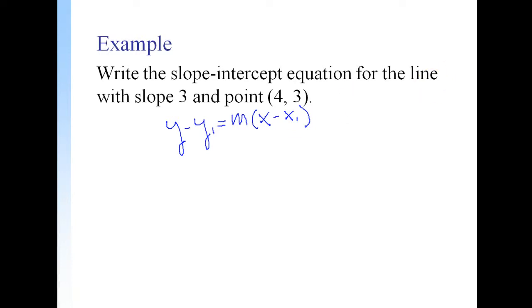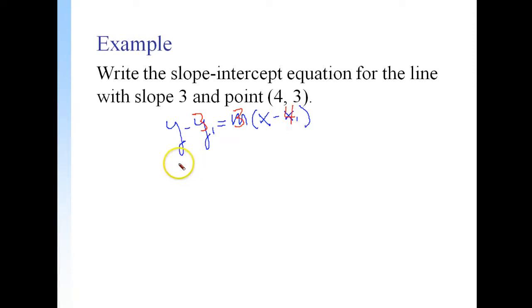So we're going to do some substitution. Our slope is 3, so we put a 3 there. Our y is 3, so we put a 3 there. And our x is 4, so we put a 4 there.